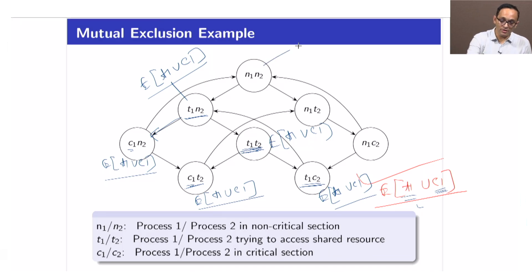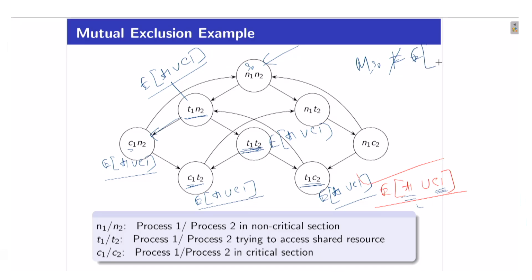If the start state is this, and since this start state does not belong to this label, then I will say this model does not satisfy it. Let us say this is my S0; S0 does not satisfy E T1 until C1, because I start labeling the nodes and I identify the 5 nodes: this node, this node, this node, this node and this node.